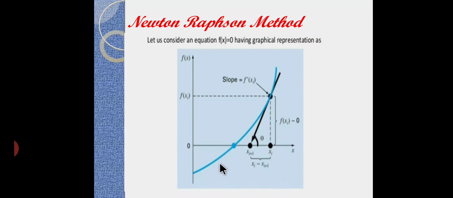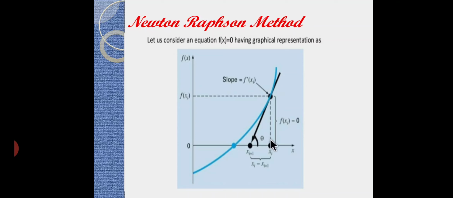Consider a curve like this, y is equal to f of x. Just draw a tangent to that curve. It touches the curve at some point, that point being xi comma f of xi.